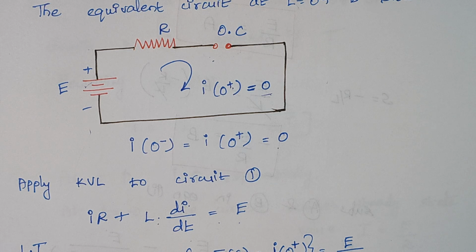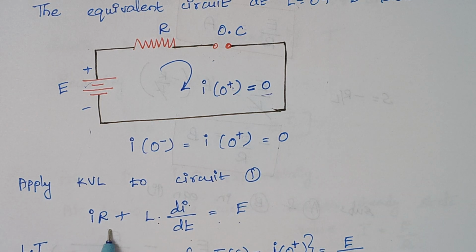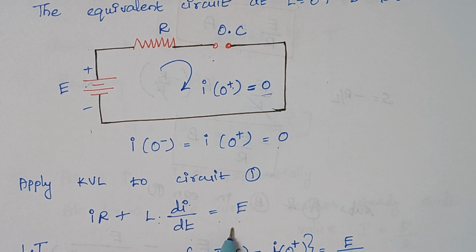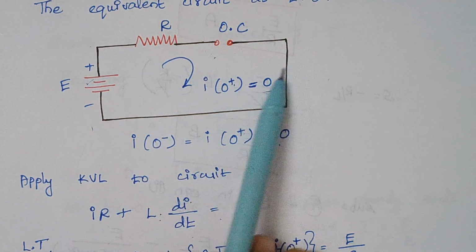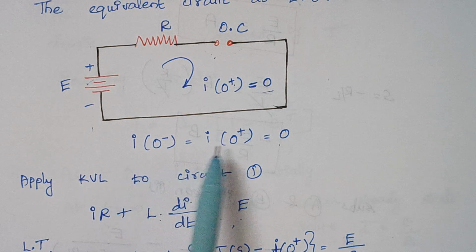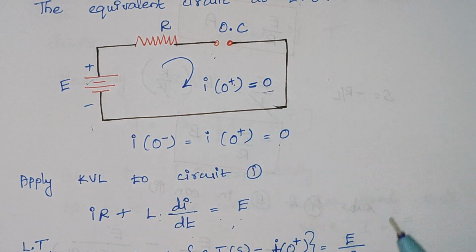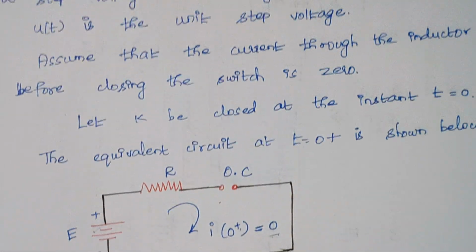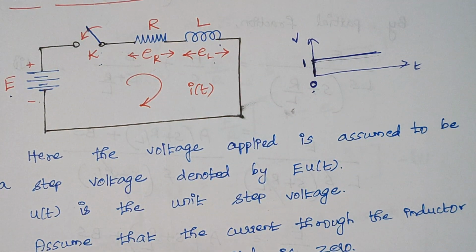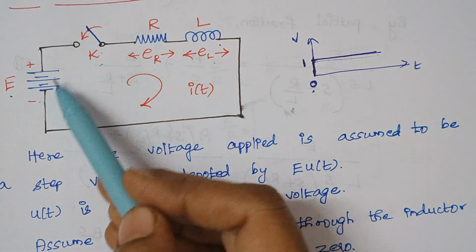Under that condition we are framing this expression. I hope I have made this concept clear. We have considered this fact to know the initial value of the energy stored. We have just applied KVL to this circuit after closing the switch.